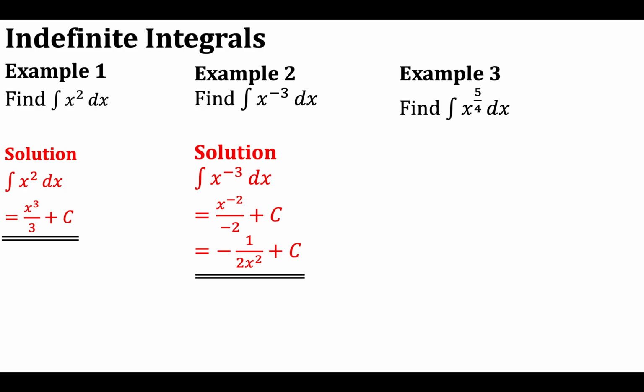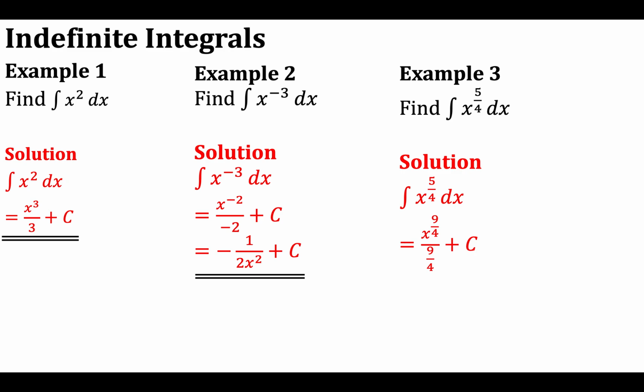And the final example, we want to integrate x to the 5 quarters with respect to x. So remember we have to add 1 to our exponent, so that will give us x to the 9 quarters, and we divide by that new exponent. So it's x to the 9 quarters over 9 quarters plus c. And remember folks, dividing by 9 quarters is the same as multiplying by the reciprocal.